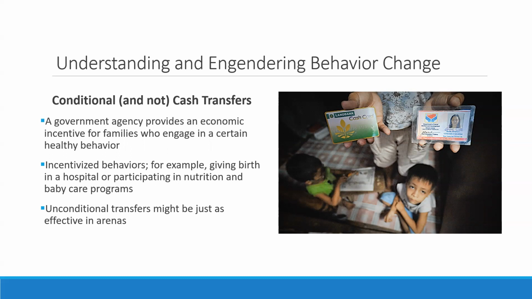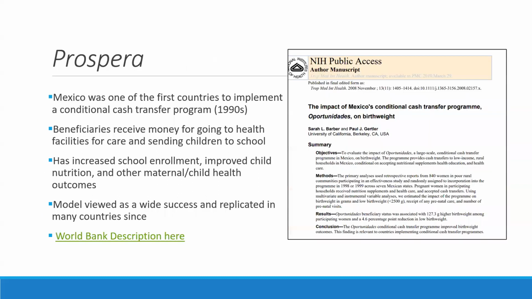I'll show you an example next, but they can also be unconditional, where you don't have to prove that you engaged in the behavior, but there can be economic incentives from governments in recognition that overall will improve the health and well-being of populations.